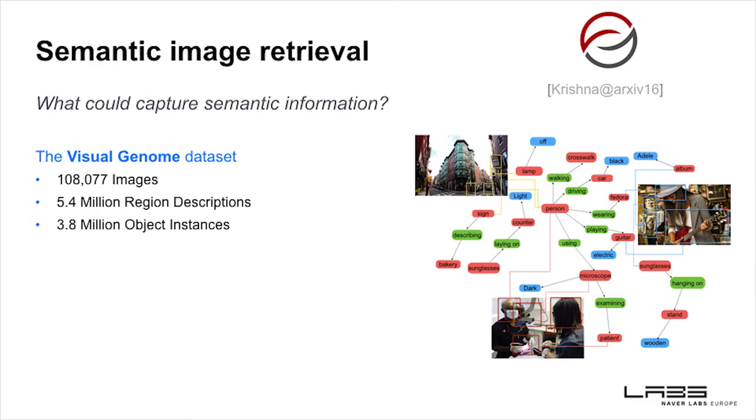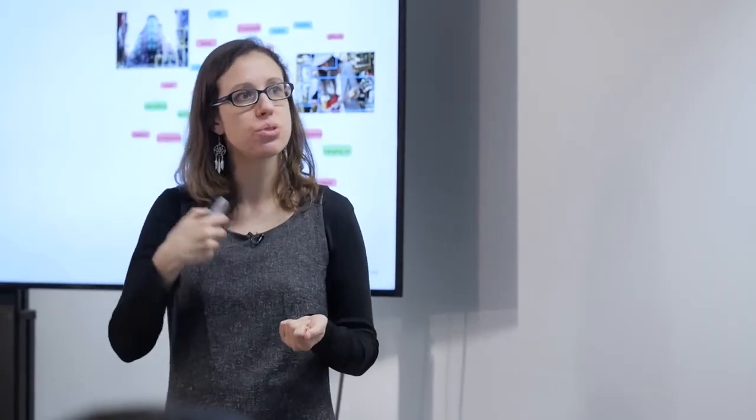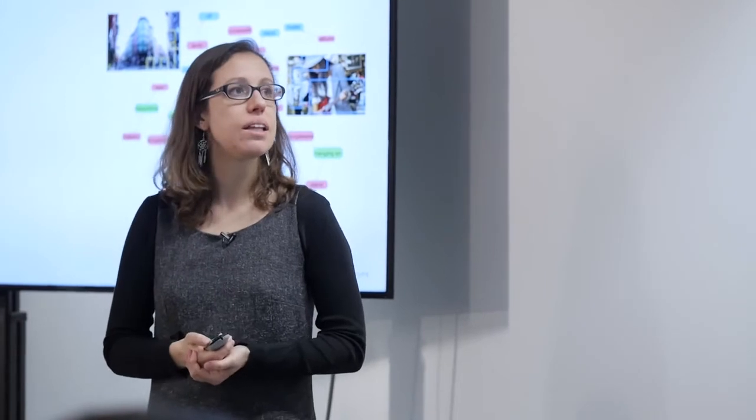And on top of that, it has very interesting annotations. It has region descriptions, so it's actual people that describe what's going on in the images. You have object annotations, so people drawing bounding boxes on objects in the images, saying, oh, I have here a person, a car, whatever. And that's very useful for our study.